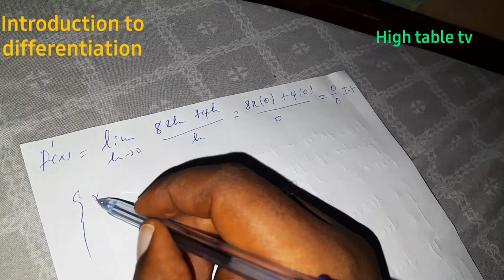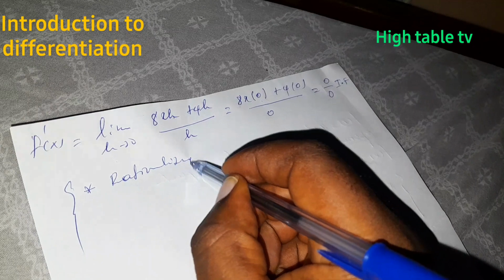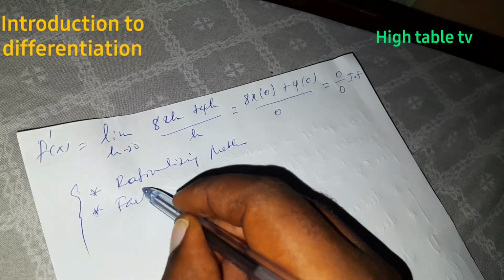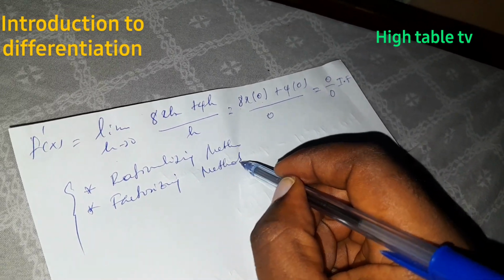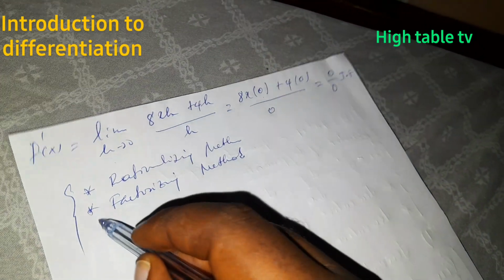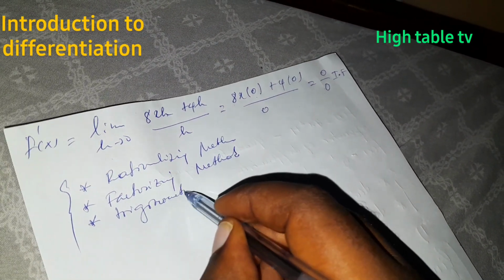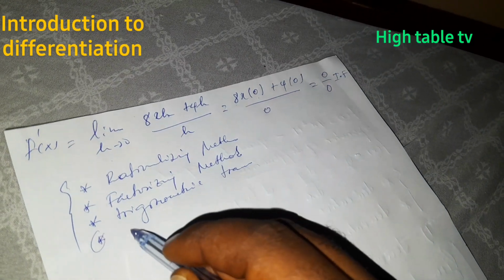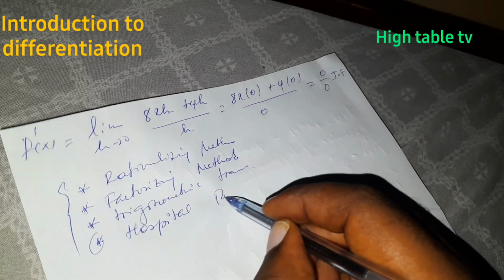We can use, for instance, the rationalizing method. Also you can use the factorizing method in eliminating some indeterminate form. Also you can use trigonometric transformation, and also you can use L'Hospital's rule.